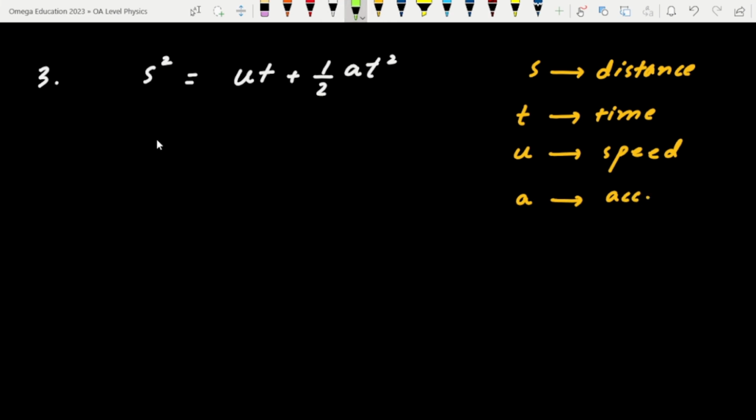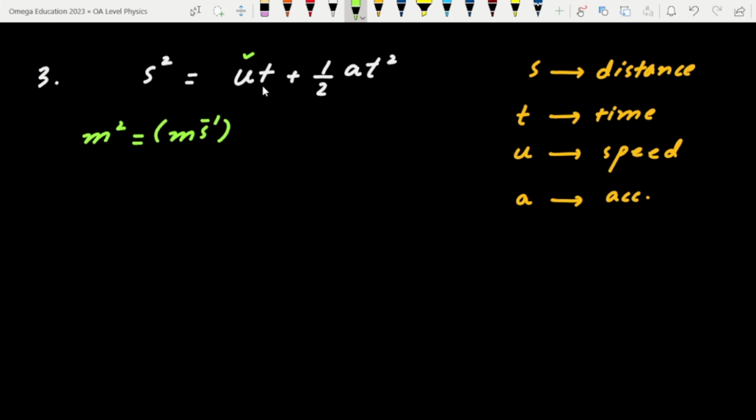Let us insert the base units of all these physical quantities starting from the left hand side. On the left side we have s squared, means square of meters, because s represents the distance, the standard unit of distance is meters. Then you have u standing for speed, so it would be meters per second, ms^-1.